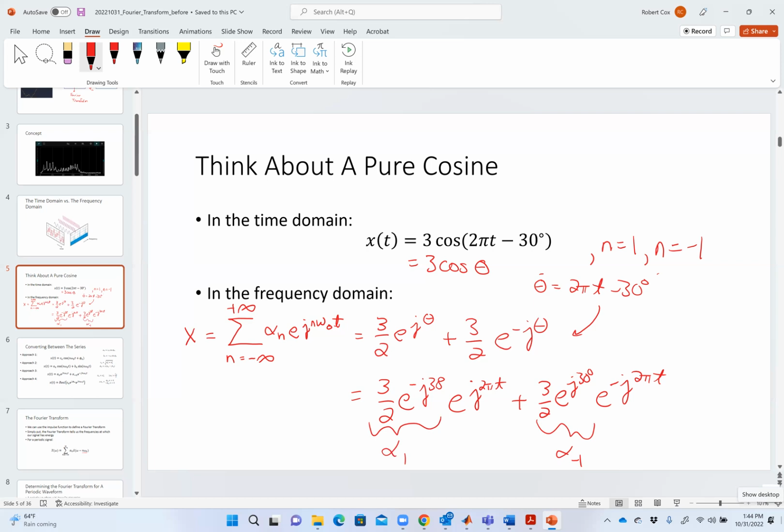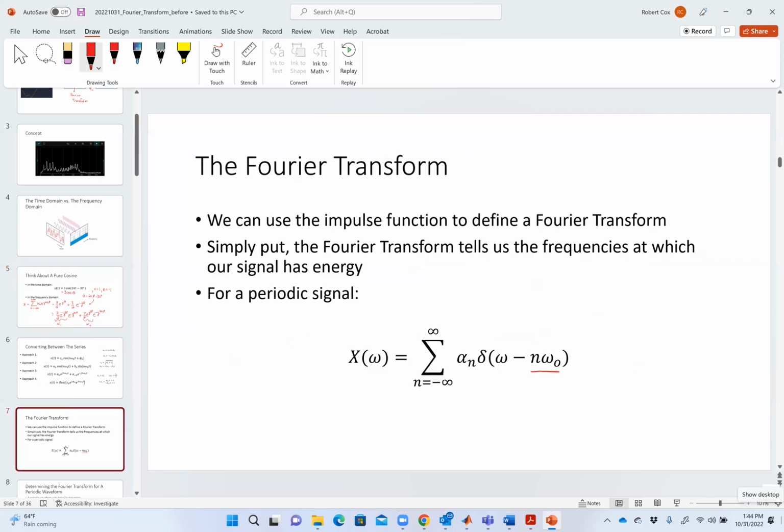Now, the idea of the Fourier transform basically is this. It tells us the frequencies where our signal has energy, okay? Now, there is a whole definition for a Fourier transform. Fourier transform applies to periodic and non-periodic waveforms. Fourier series only applies to periodic waveforms.